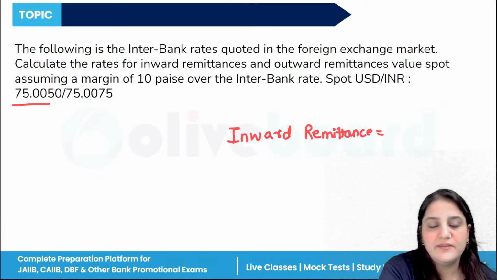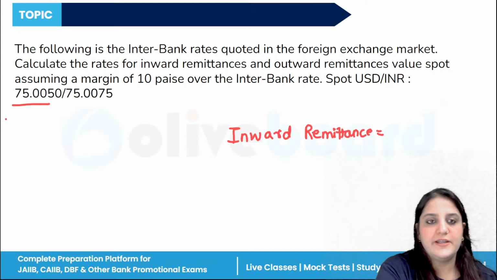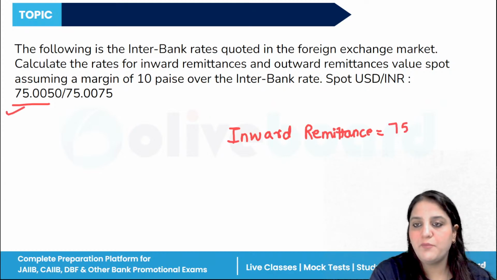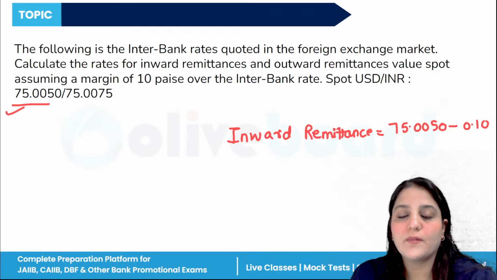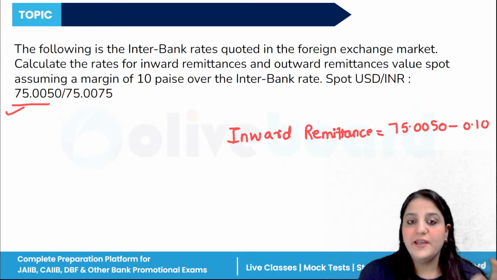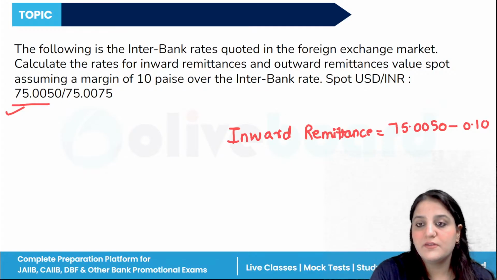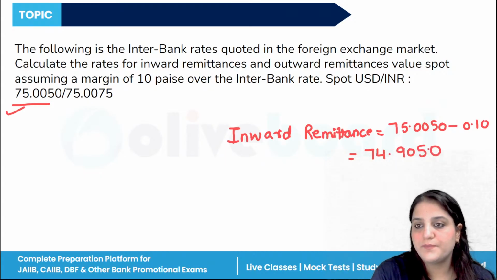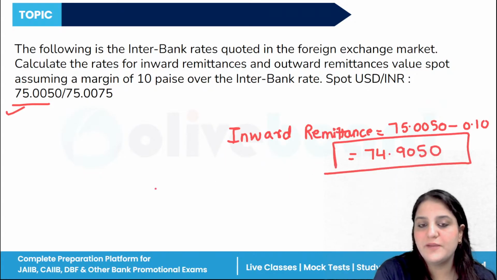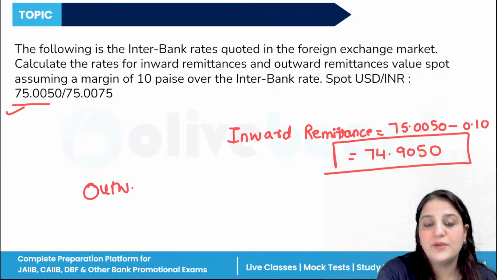Here for inward the rate is 75.0050, deduct 0.10 paise from it. Then the rate for inward remittance is calculated, which is 74.9050.